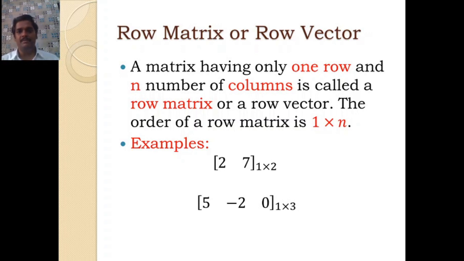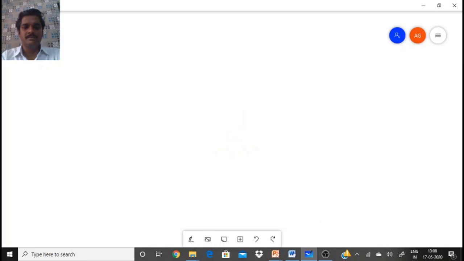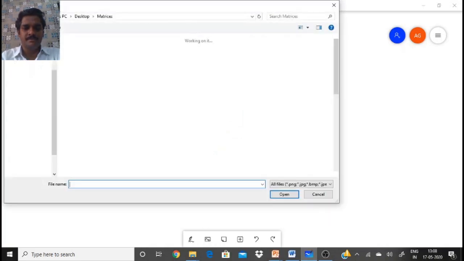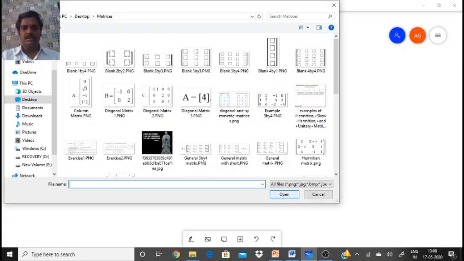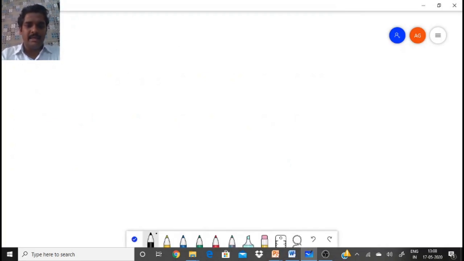But there can be n number of columns. Number of columns is not fixed. You can have any number of columns. You can have 1 column, 2 columns, 3 columns, 4 columns, 5 columns, n number of columns. Let's take one more example. So I'm talking about a row matrix, also known as row vector.